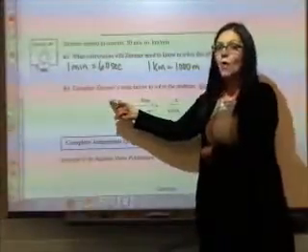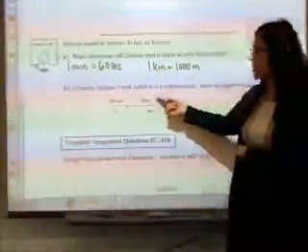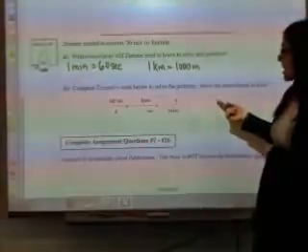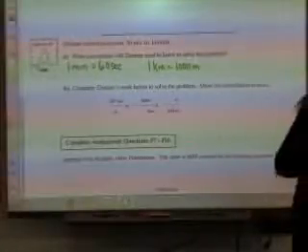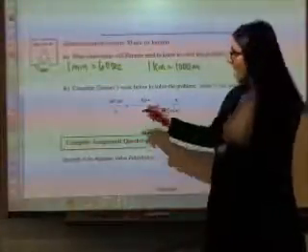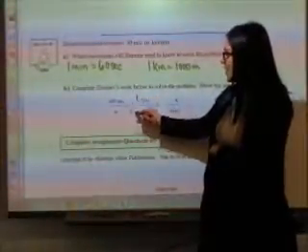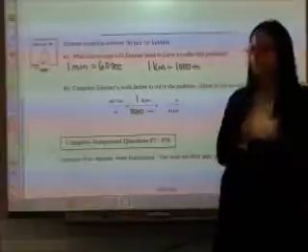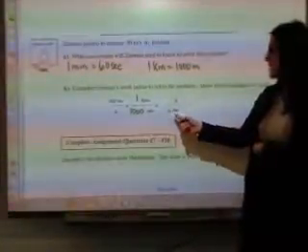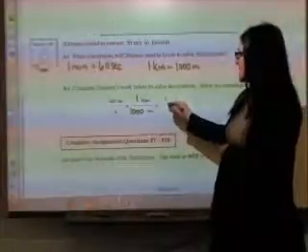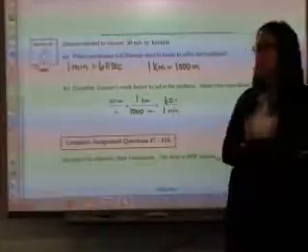If I want kilometers to come first, they need to be on the top, which means my meters need to go down below. I have that 1 kilometer is 1,000 meters. And then I have my seconds to minutes: 60 seconds is equivalent to 1 minute.